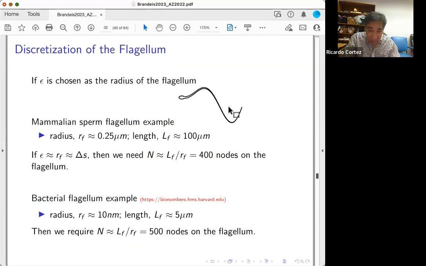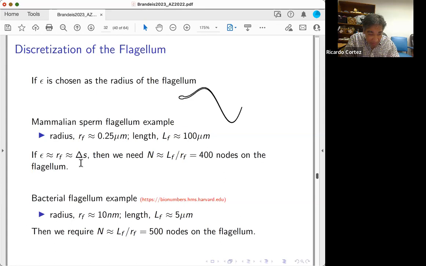But this is a problem because, based on what we talked about earlier, if I want to define my epsilon based on a physical parameter, for example if I want my epsilon to represent the radius of this flagellum, I would have to say my epsilon is this small.